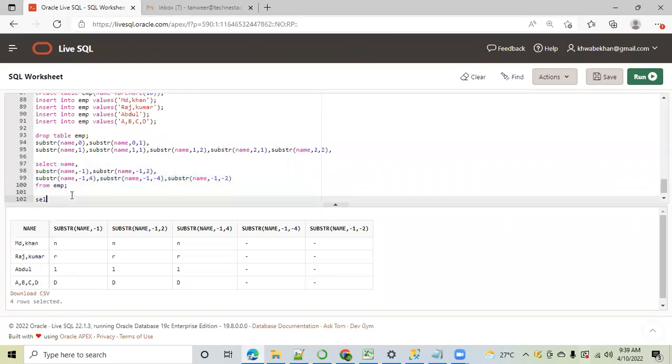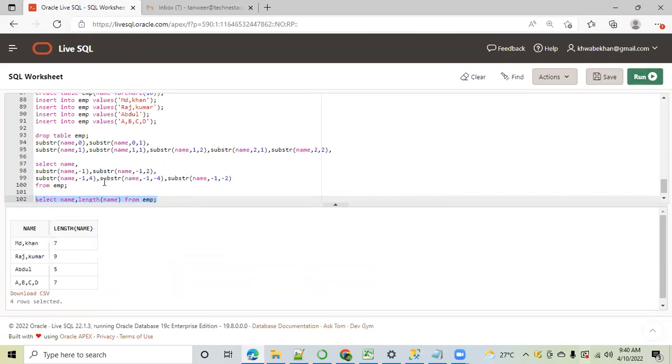How you can do it is, first of all, I'm not sure if I've taught you this: length of name from employee.